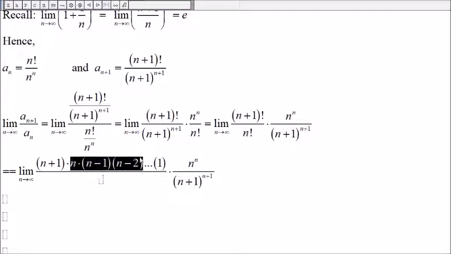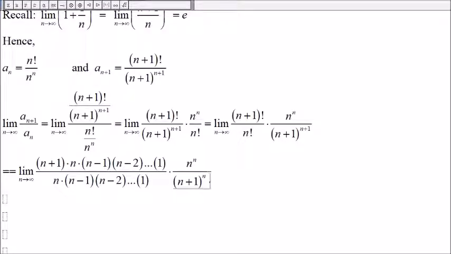And then this is just this. And then let's rewrite this one also. (n + 1)^(n+1) is the same as (n + 1)^n times (n + 1) to the first.